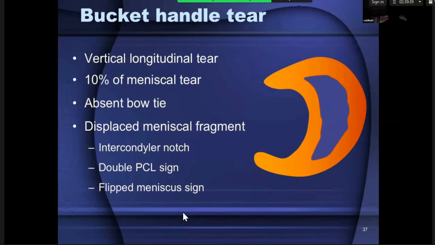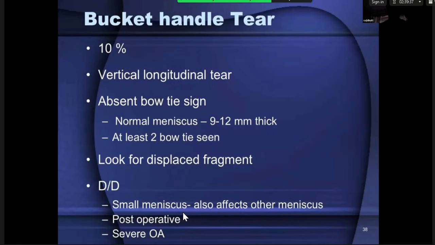So I'll show you examples of that. These are the patients who can have an absent bow tie, and you can look for the displaced fragment.